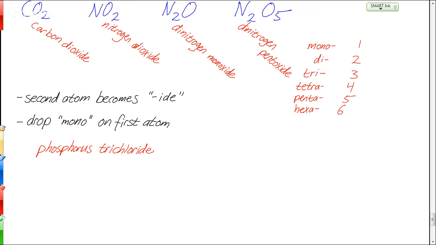It's just phosphorus, so it's just the atom, not the ion. So it's just PCl3. And what about sulfur hexafluoride?